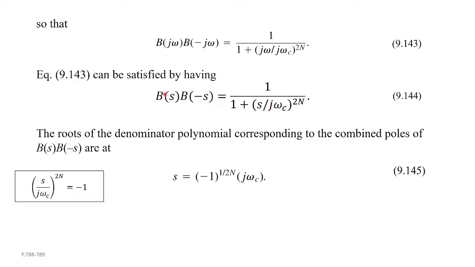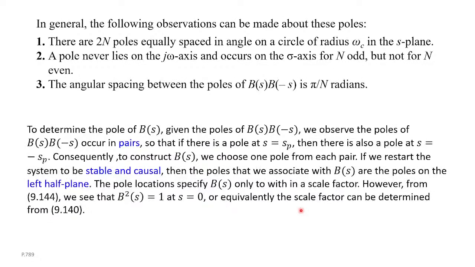We plug in S equal to 0, and we see that B of 0 times B of 0 equals 1. So B of 0 should equal 1. Oh, I guess it can be -1. That's a little weird.